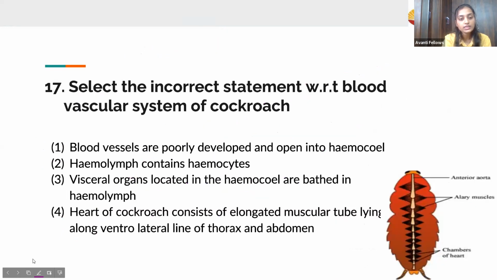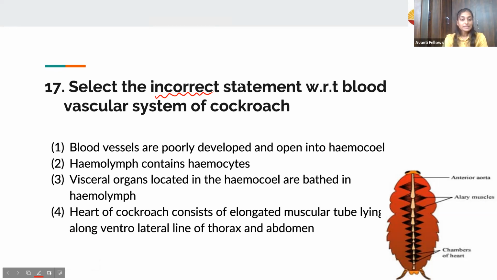Let's see the next question. Select the incorrect statement with respect to the blood vascular system of a cockroach. So we have to choose an incorrect statement, not a correct statement. Let's see the statements first.